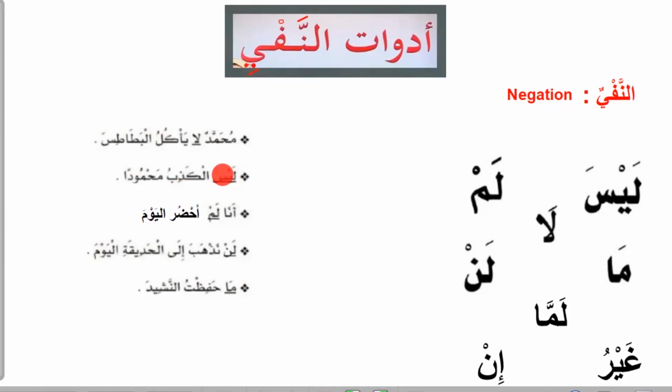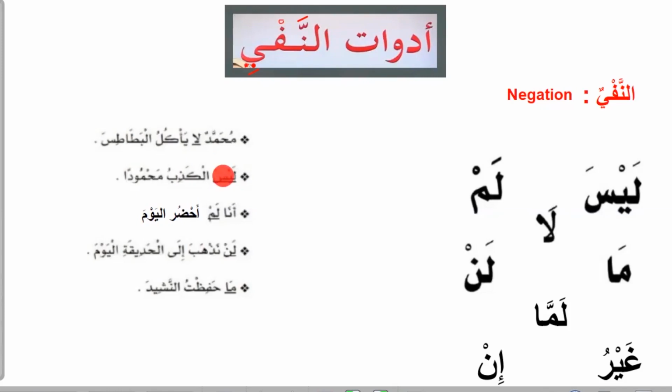But again, laysa doesn't just mean not. It's because it is within the sentence. If I want to say lying is praiseworthy, but I want to negate it, it will be lying is not praiseworthy.